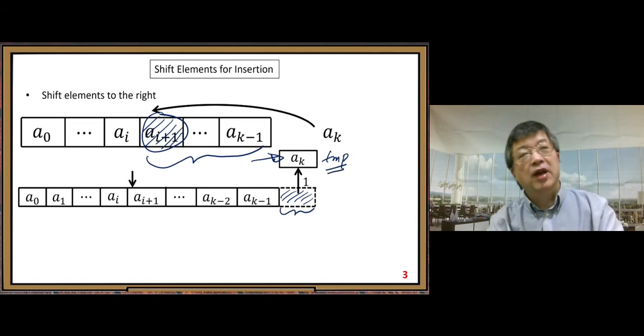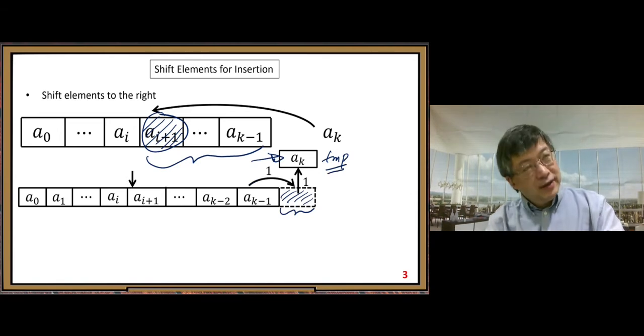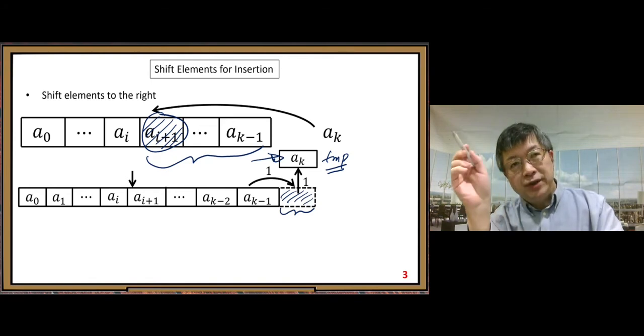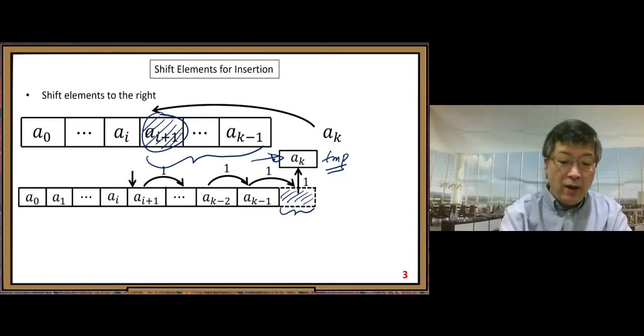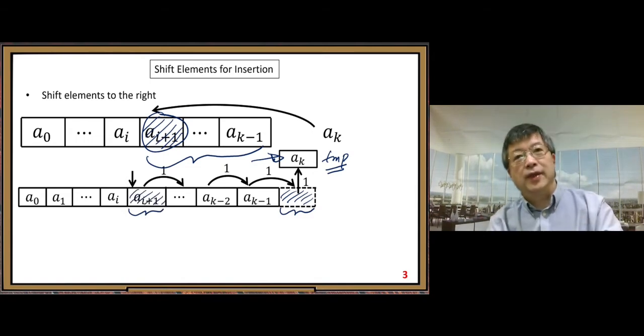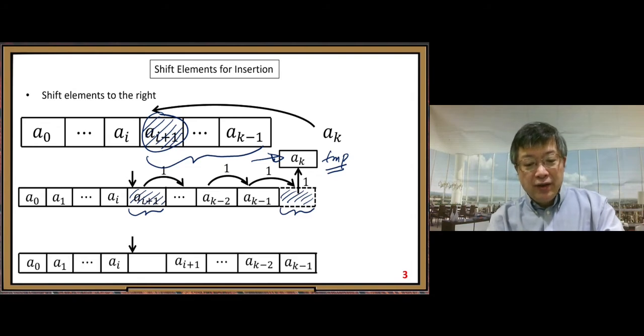Then A sub k-1 moves one position to its right, and so on, each one position to its right, until we reach this destination location. Now we are ready.